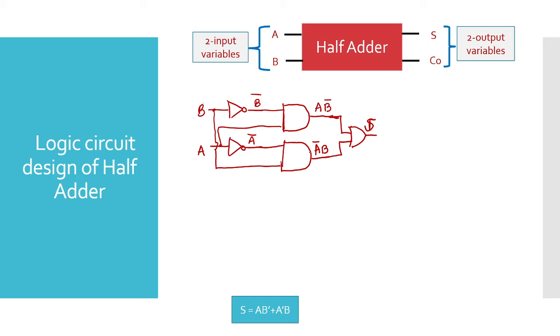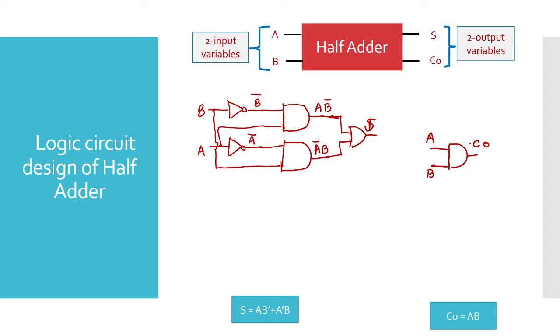Now see what you require for C0. What was my function for C0? It was AB. So you can directly take A and B and give them to an AND gate, because the dot is there, and it will give you C0.